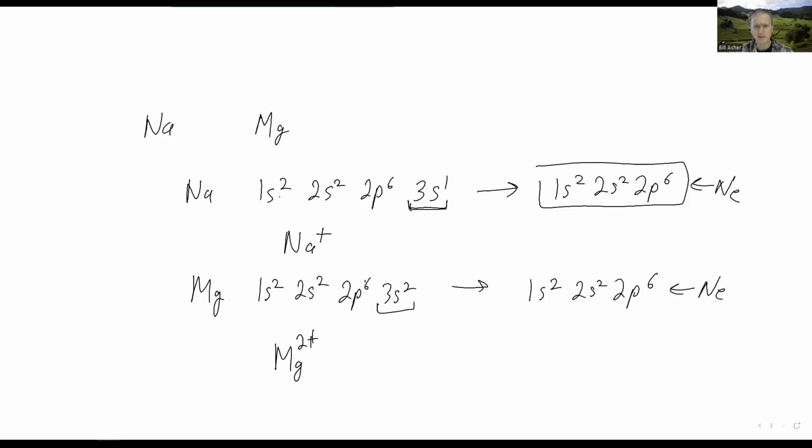So if you look at these transition metals, it's kind of hard to see that picture. But for example, if we take a look at the transition metals, I'm just going to write the first row 4.